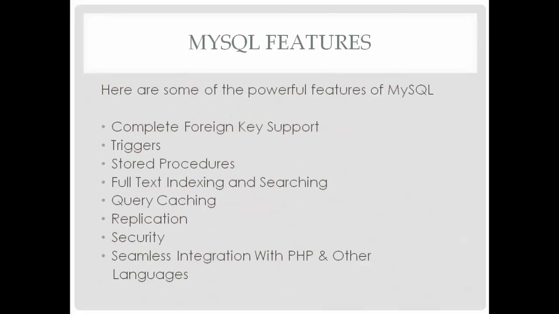So here are some of the features of MySQL. Alright, so first we have foreign key support. MySQL has a few different storage engines, and if we use the InnoDB storage engine, what foreign key support means is that we can have tables that relate to each other, and we can make it so that, let's say we have a users table and, I don't know, a blog post table.